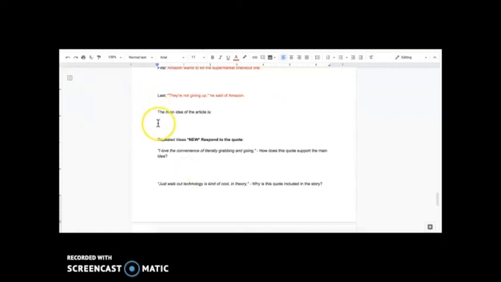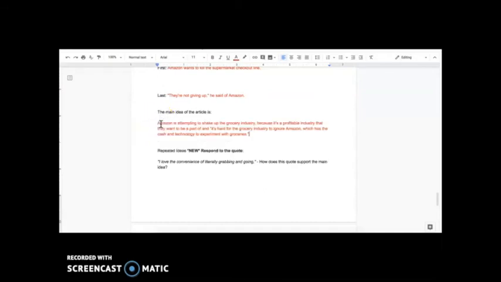All right, encore number one. Here is the main idea of the article. Amazon is attempting to shake up the grocery industry because it's a profitable industry that they want to be a part of, and it's hard for the grocery industry to ignore Amazon, which has the cash and the technology to experiment with groceries.